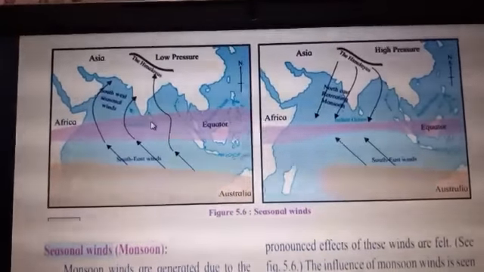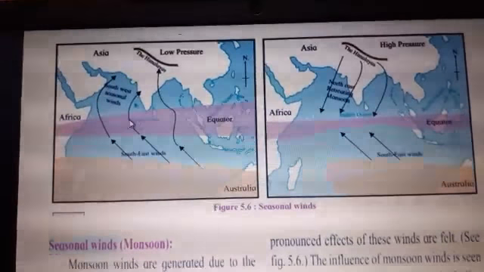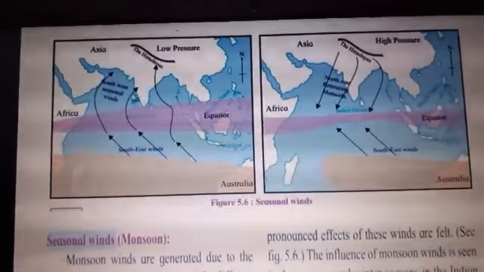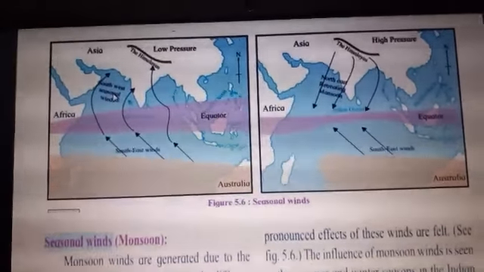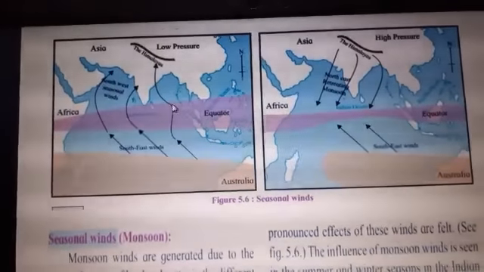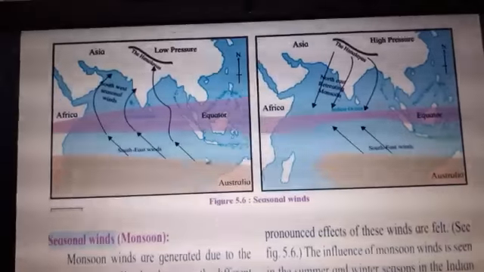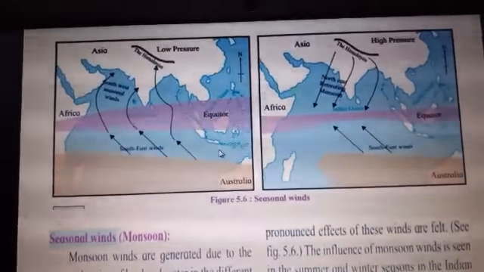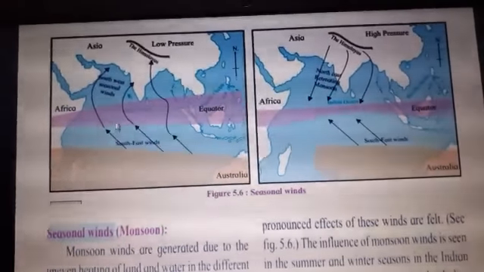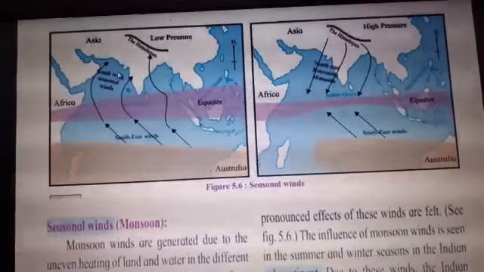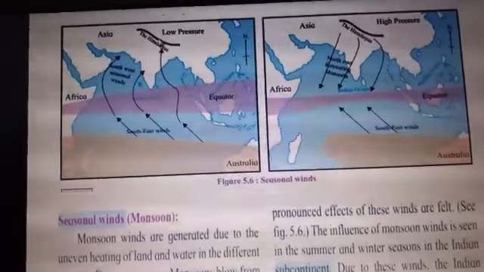And you can see the winds are blowing from southeast. So India is surrounded by water from three sides: Arabian Sea, Indian Ocean and Bay of Bengal. So you will find here the winds are blowing from the southeast side, that is from the Bay of Bengal, and they are moving towards the southwest and entering the country.